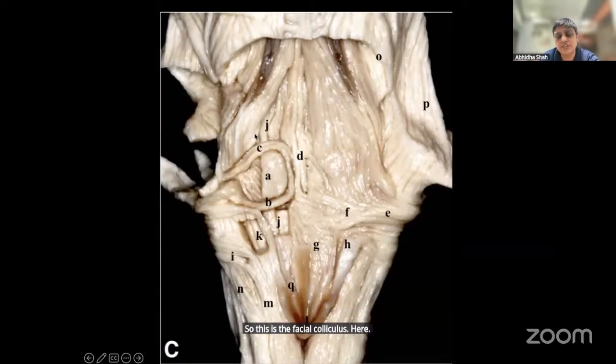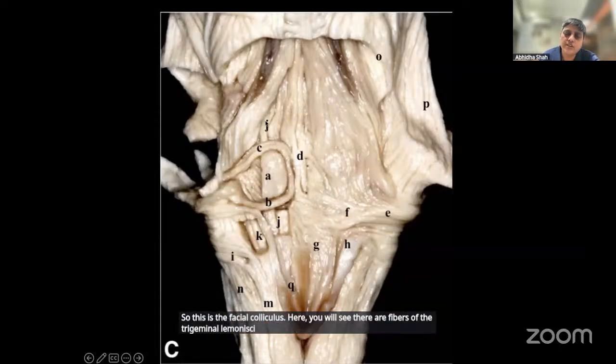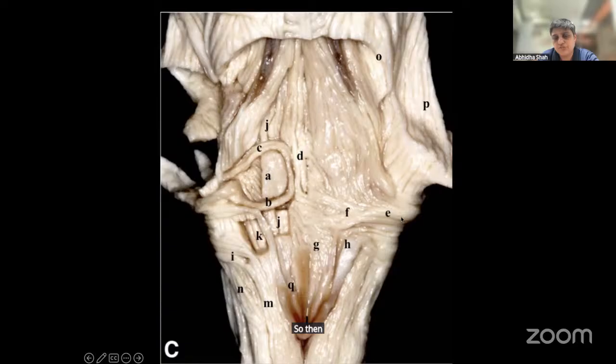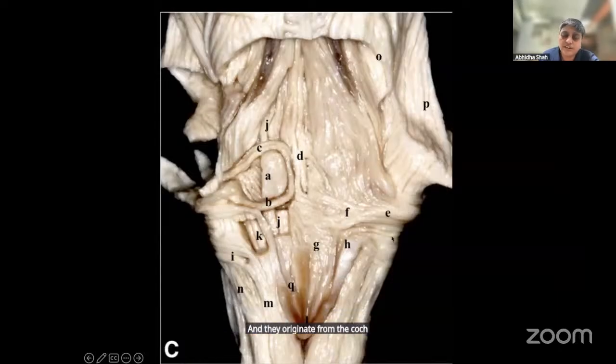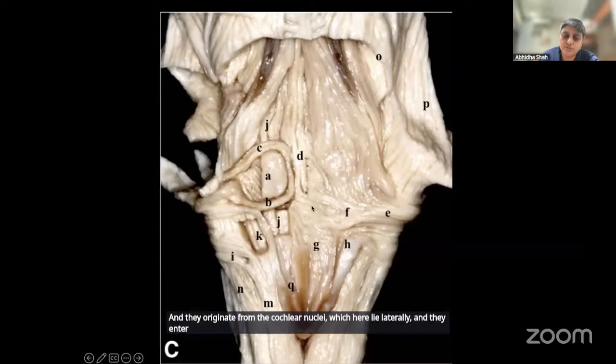Here you will see fibers of the trigeminal lemnisci that are going up, and this pigmented region that you see here is the region of the locus ceruleus. Then you see these fibers that you also see on the floor of the fourth ventricle very nicely. These are the striae medullares, and they originate from the cochlear nuclei, which lie laterally, and they enter into the midline, into the median sulcus.